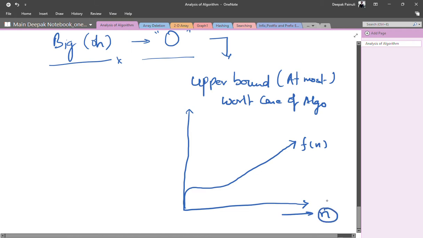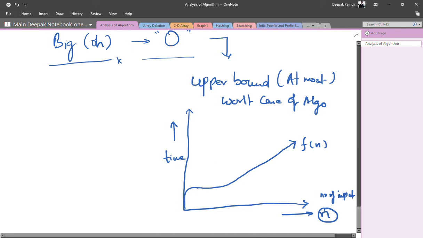N is the number of inputs we are giving to the algorithm, right? And the y-axis will represent the time taken by that algorithm at the time of evaluation. So the x-axis represents the number of inputs and the y-axis represents the time taken by the algorithm.